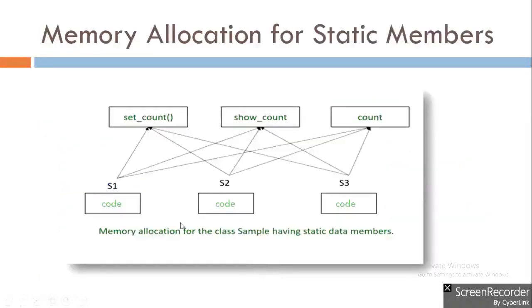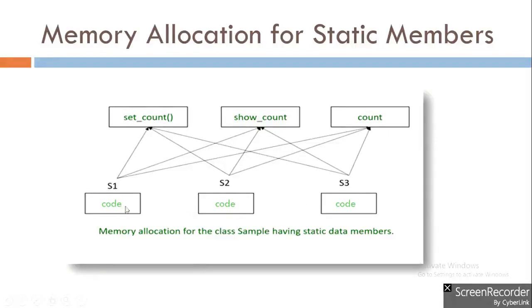Now let's see the memory allocation for these static members. As we can see from our previous program that set count and show count are the member function of a class test, and count is a static data member of a class test. So all these three will be shared by the objects S1, S2 and S3 in a program.